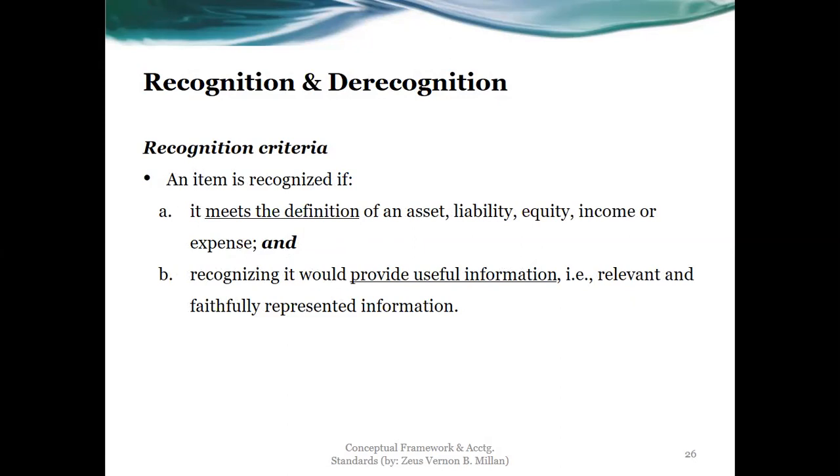That's the value received. And the value parted with or given, the credit, is also any of the accounting elements. Then letter B, recognizing it would provide useful information. Of course, it would touch the fundamentals, relevance and faithful representation.